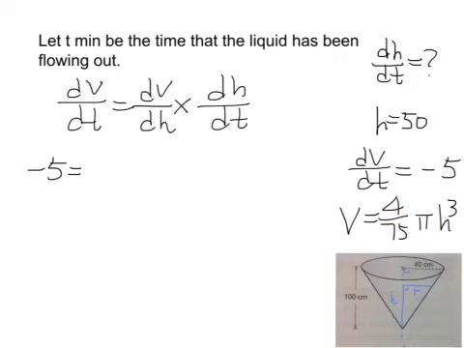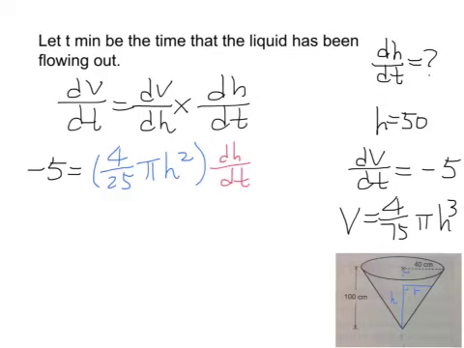So that is 4 over 25 pi h squared. And dh/dt is exactly what we're trying to find here.